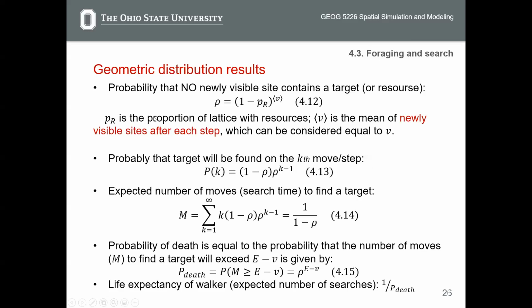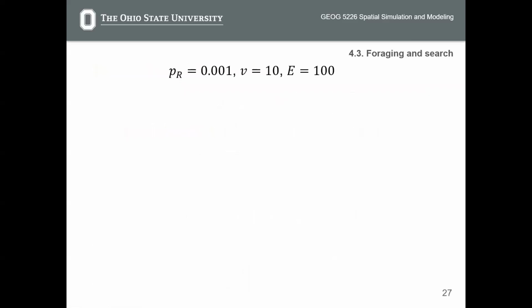So we have so many formulas here, and let's use an example to get some feeling for these parameters. For example, here we have a lattice with a PR value of 0.001, which means that only 0.1% of the lattice has food, has resources, okay?